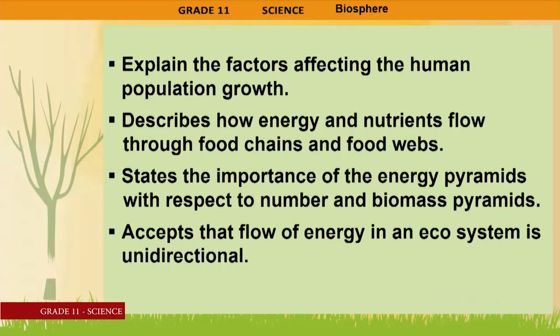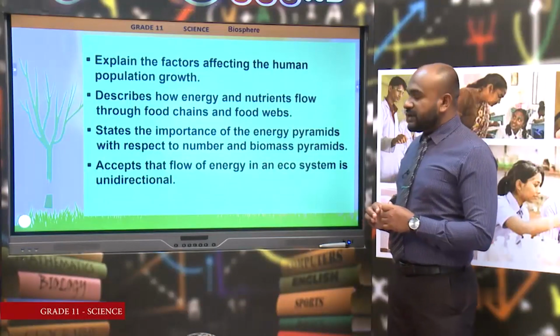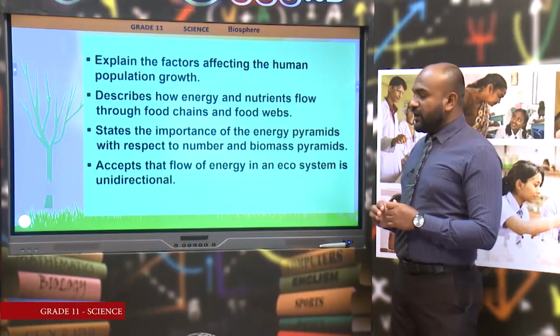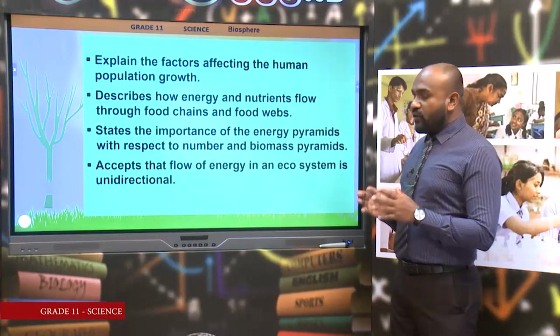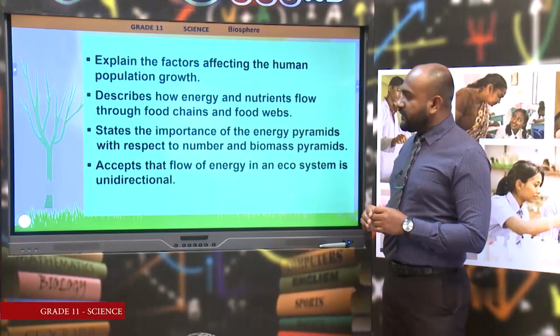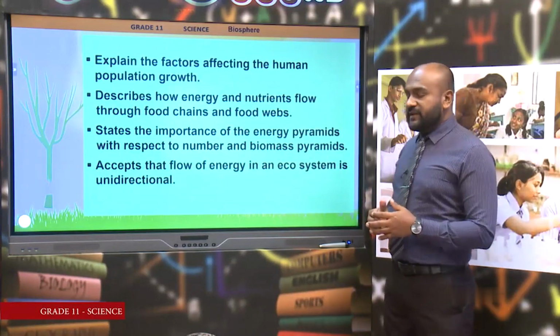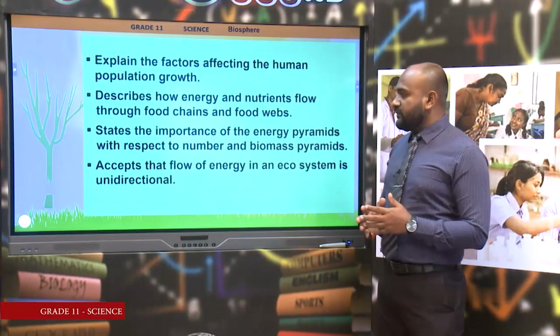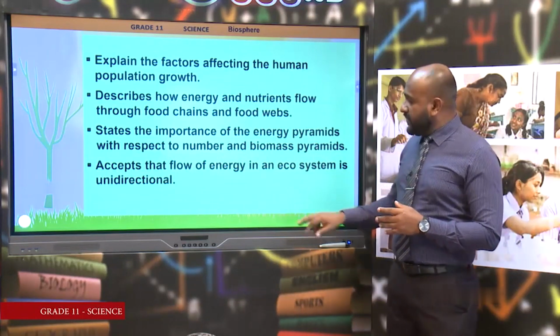You are going to learn about ecological pyramids. Accept that flow of energy in an ecosystem is unidirectional. So, these are the learning outcomes that you are expected to achieve. Focus on them, because at the end of the lesson you need to come back to these learning outcomes and check whether you have achieved them.